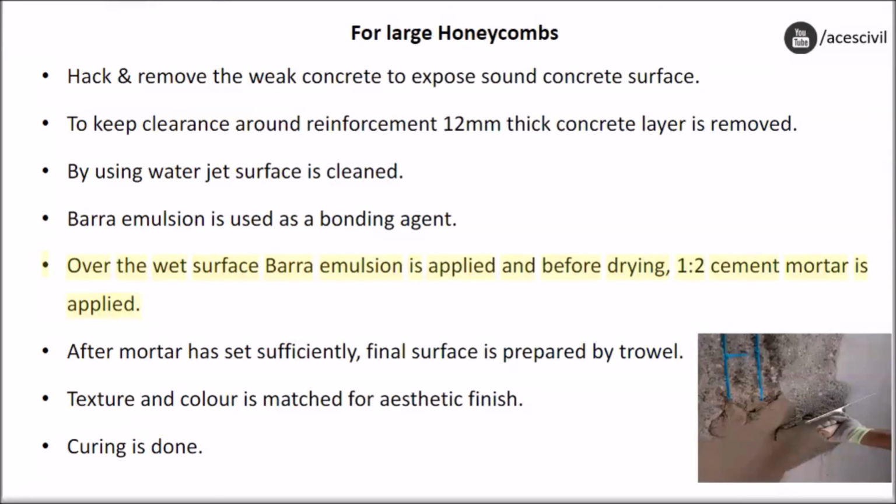Over the wet surface, Bara emulsion is applied and before drying, 1:2 cement mortar is applied. After the mortar has set sufficiently, the final surface is prepared by trowel. Texture and color is matched for an aesthetic finish. Curing is done.